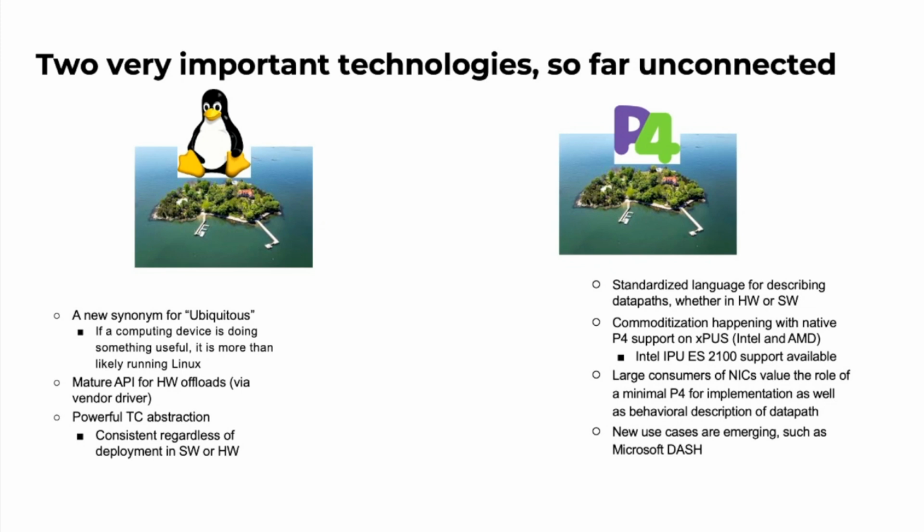Intel is also doing it. The Intel IPU E2100 support is available. And the large consumers of NICs, I think they value at least some level of P4, if not for the actual implementation, then at least for a great, meaningful description of the network.